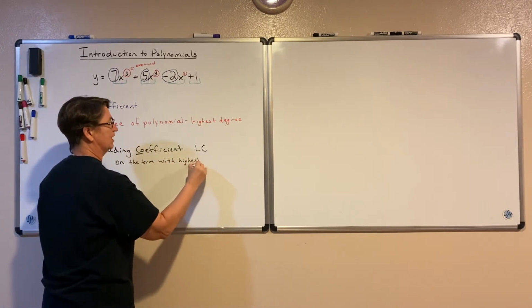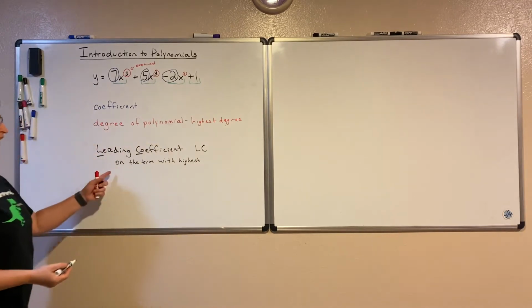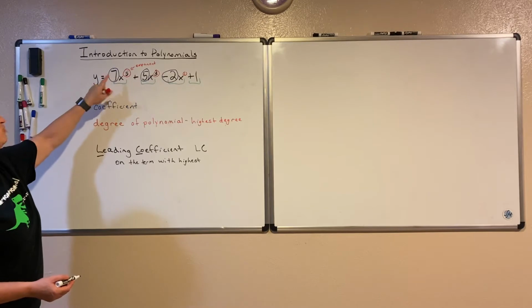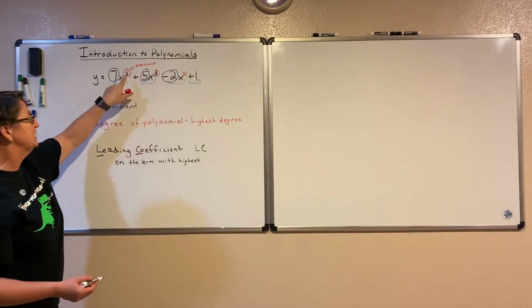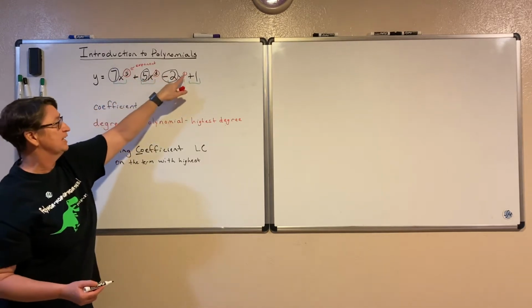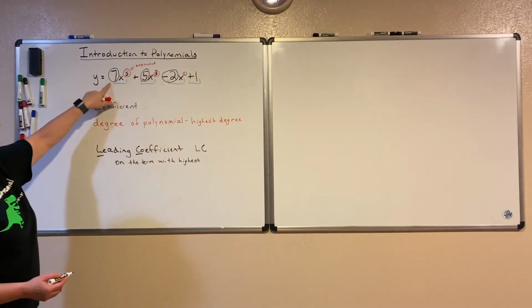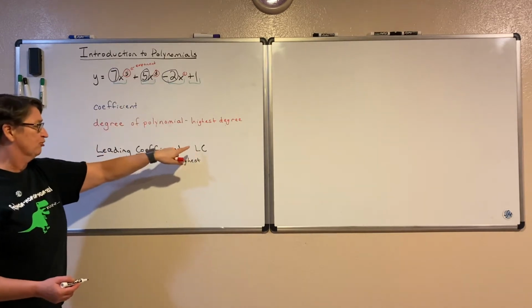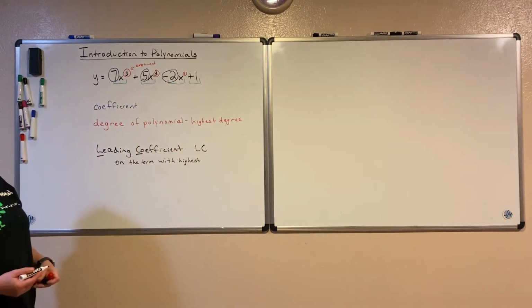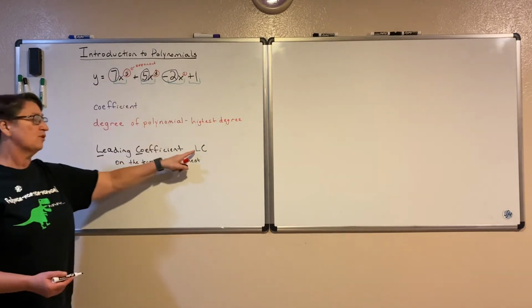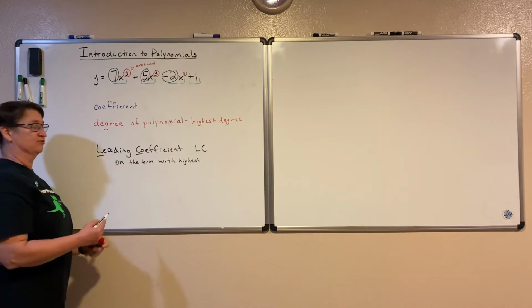So in this case, your leading coefficient is the 7. If you write your polynomial with your degrees in descending order, your leading coefficient will be the one out front, on the term with the highest degree.